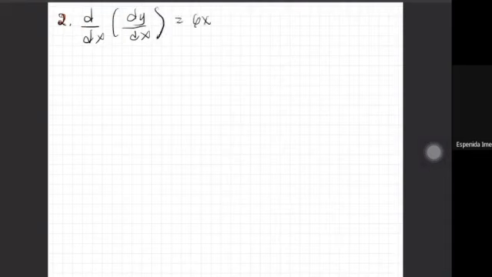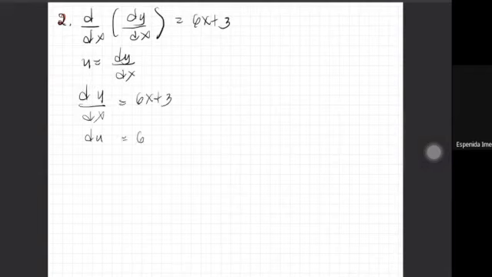Equals 6x plus 3. So again, you let u be equal to dy dx. And so this is now written as, integrate both sides. Okay.